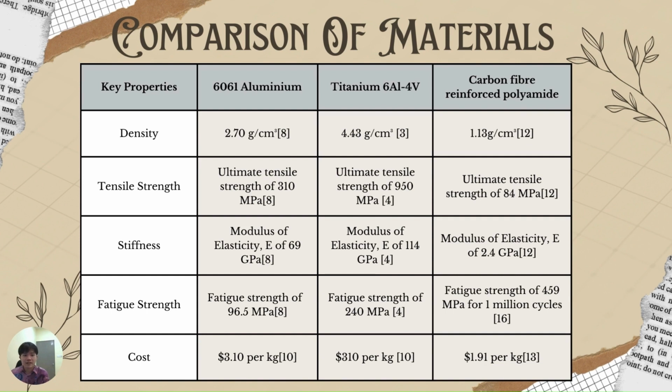So the materials that we selected are 6061 aluminium, titanium 6Al4V, and the last one is the carbon fiber reinforced polyamide. So in this case, I'll be just talking about the 6061 aluminium.